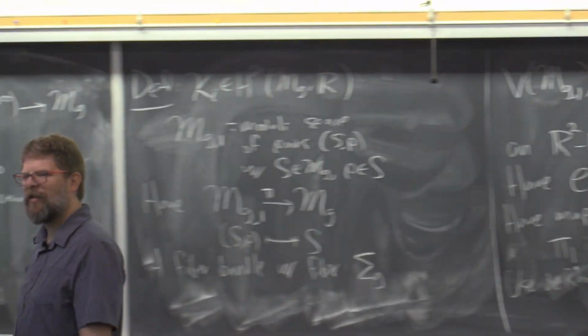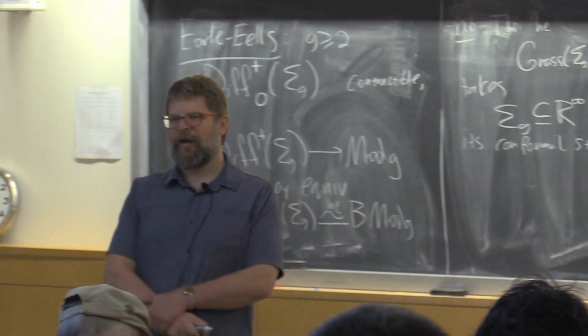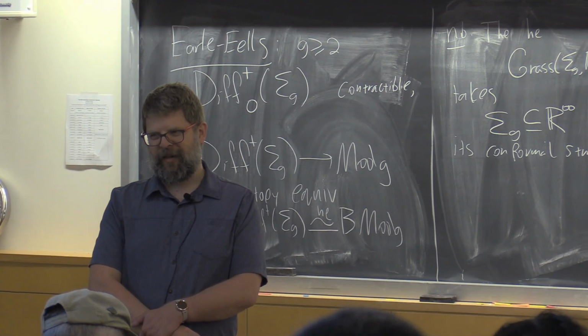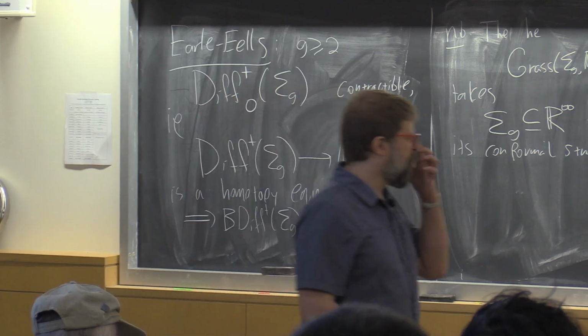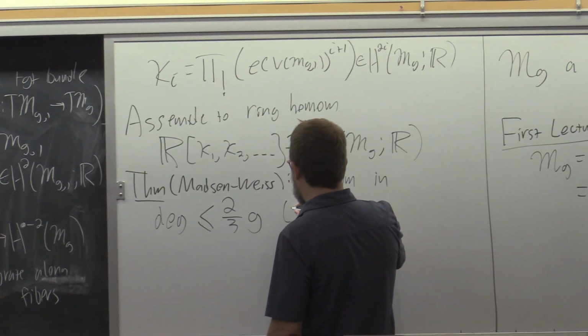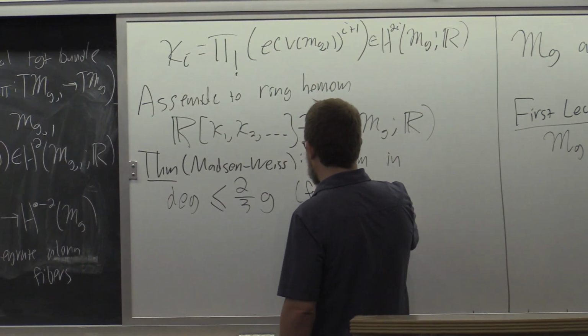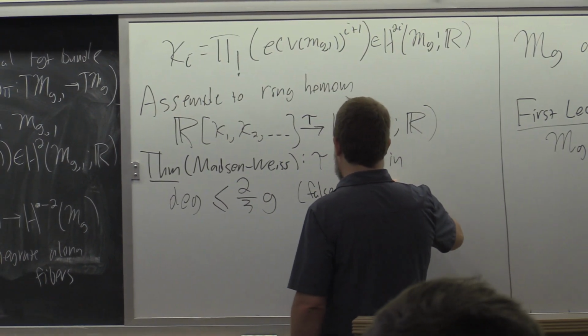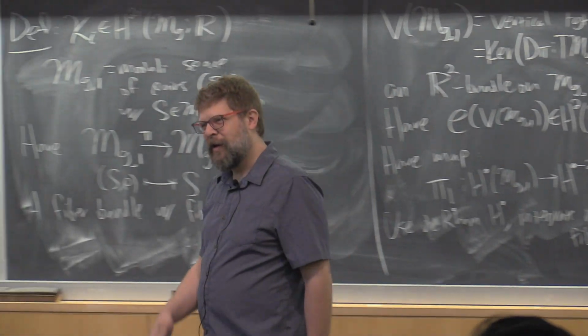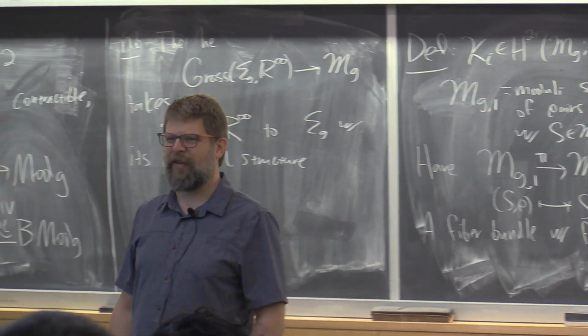So as g gets bigger, the cohomology ring of Mg becomes more like a polynomial ring in these kappa classes. This is over Q. Over Z you have an answer too, but it doesn't have a simple description.